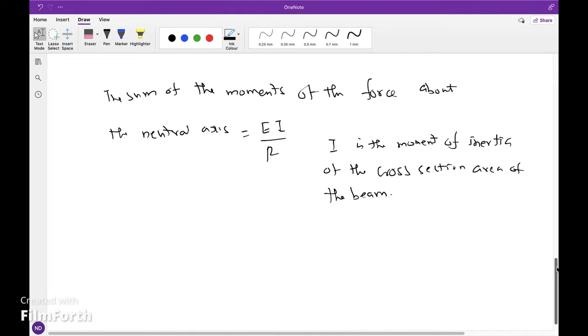So considering the equilibrium of any cross section of the beam, the internal moment EI by R due to the structure of the beam must balance the external moment due to the various loads acting on the beam. Hence EI by R is equal to M. M is called the bending moment.